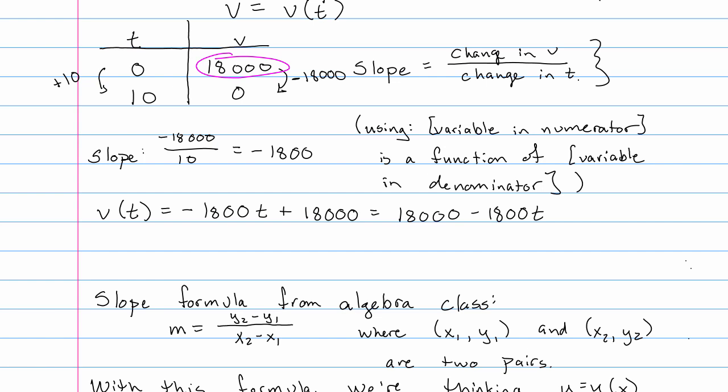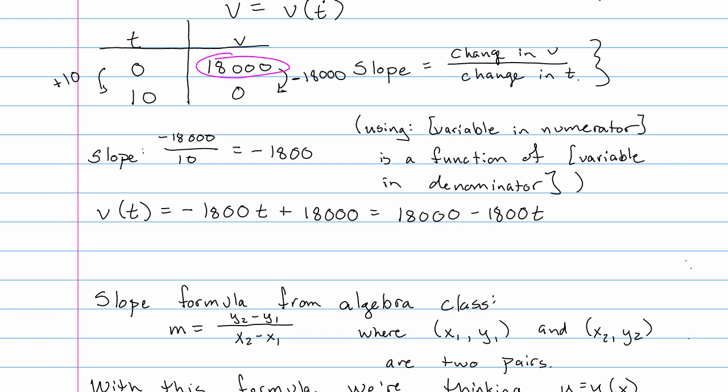If I tell you how long has passed, you want to be able to tell me what the piece of equipment is worth. So change in v, that would be v2 minus v1, over change in t, that would be t2 minus t1. That gives us the slope. Put that together with the intercept, and we've written our equation.